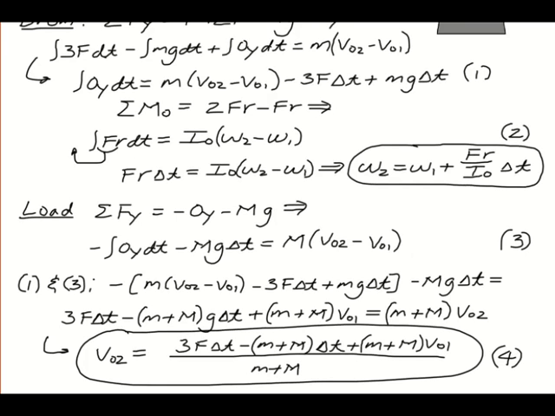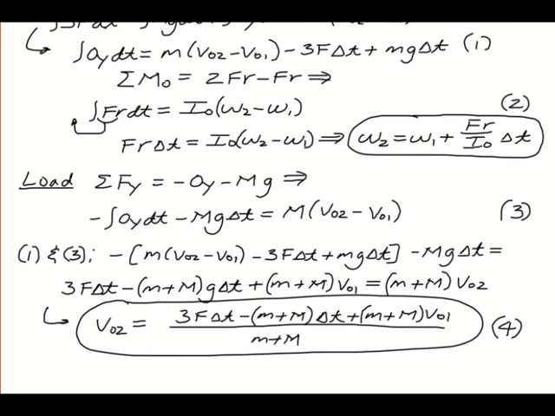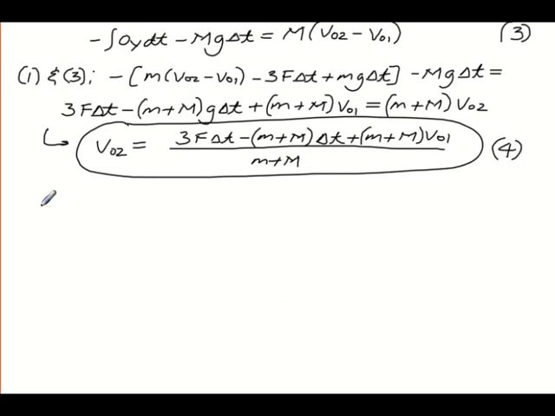and got this. What we alternately could have done, if you want to think of this in these terms, for part of it at least, for the speed of O, we could have treated the system as a whole. Not for the rotational part, but for the translational part.